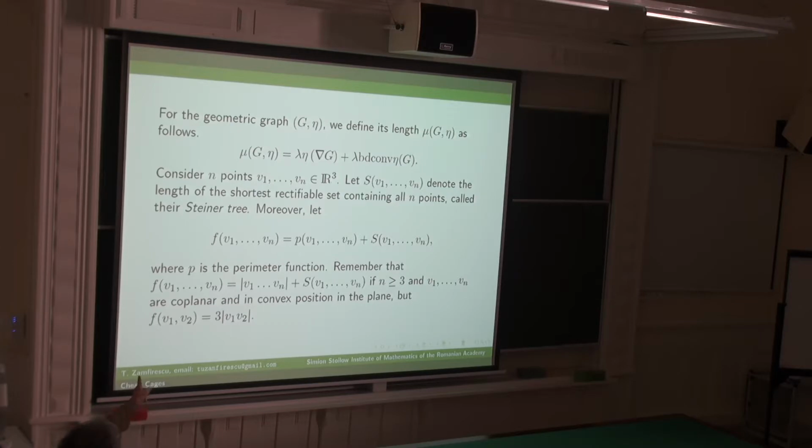You see. And this is almost the same. It is exactly the same if n is at least 3 and the points are coplanar in convex position in the plane. F of V1, V2, if you have just 2 points, is 3 times the distance, because the perimeter counts twice and the other one is 1.